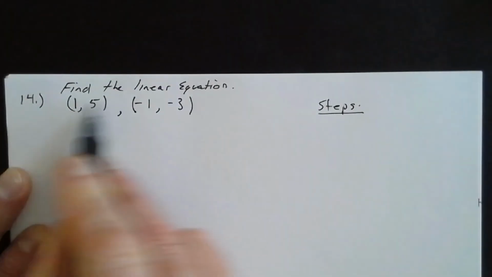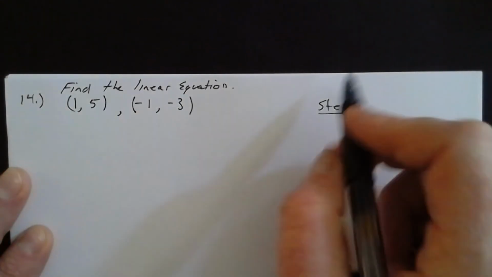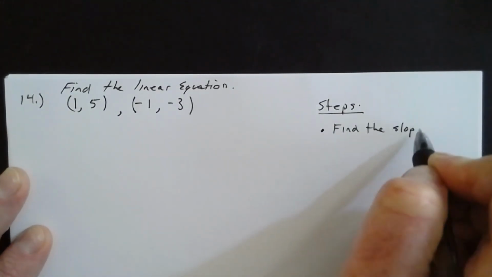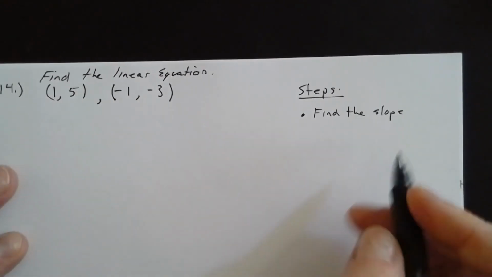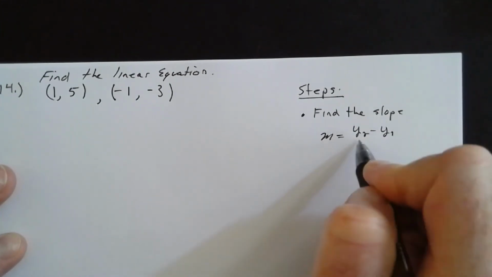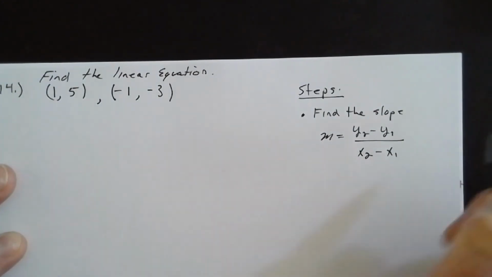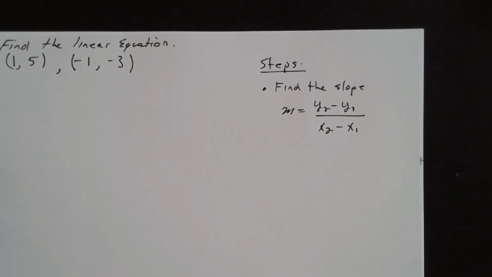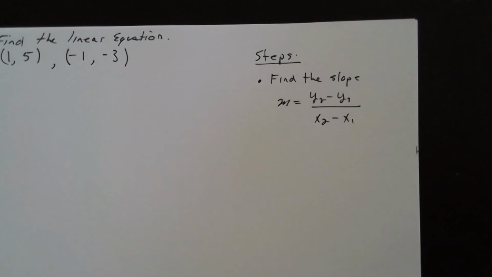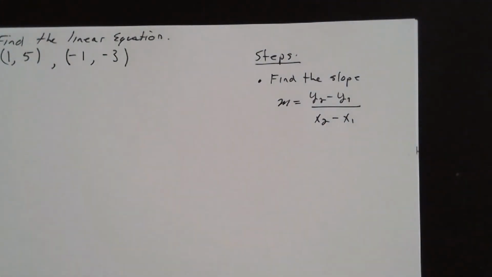So the first step to find this linear equation when we're given 2 points is to find the slope. And you should recall that the slope is equal to y2 minus y1 over x2 minus x1.